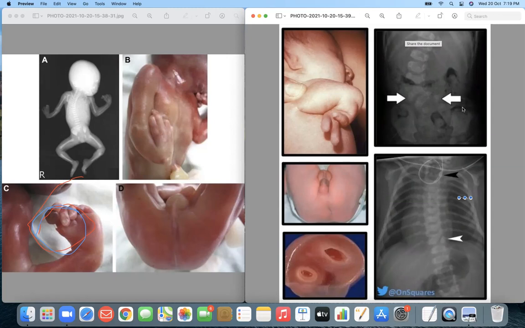And in the limb, mainly there are radial abnormalities. Sometimes absent radius, and dysplasia or deformities. Just remember, radial abnormalities are more common in the limbs, and they can also have polydactyly and syndactyly.